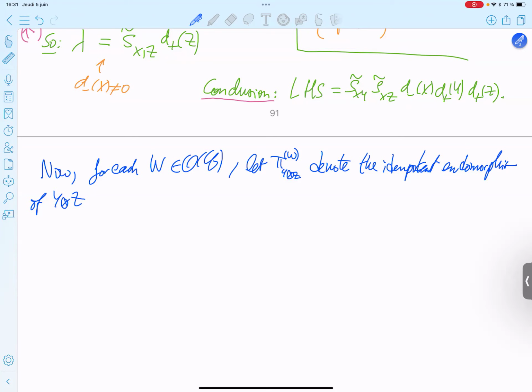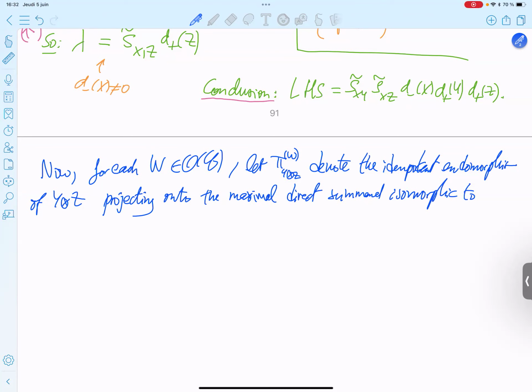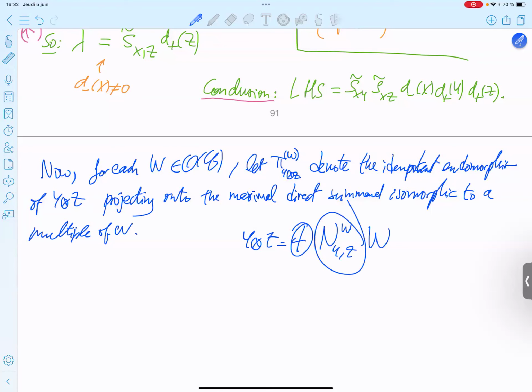The number of components is the multiplicity. So we are projecting onto the maximal direct summand isomorphic to a multiple of W. So Y tensor Z is a direct sum of copies of W, and this is a multiplicity space, as you like.